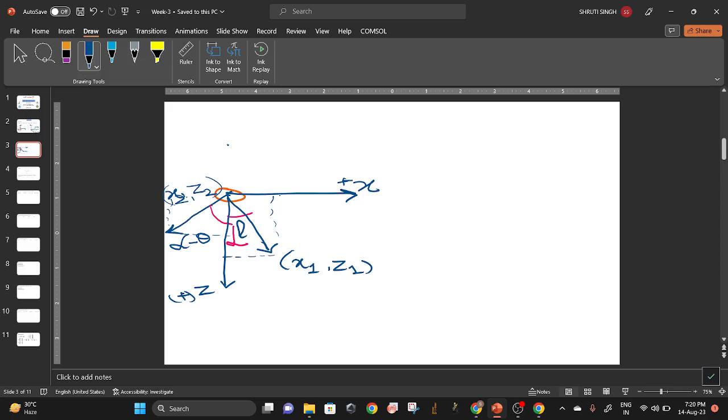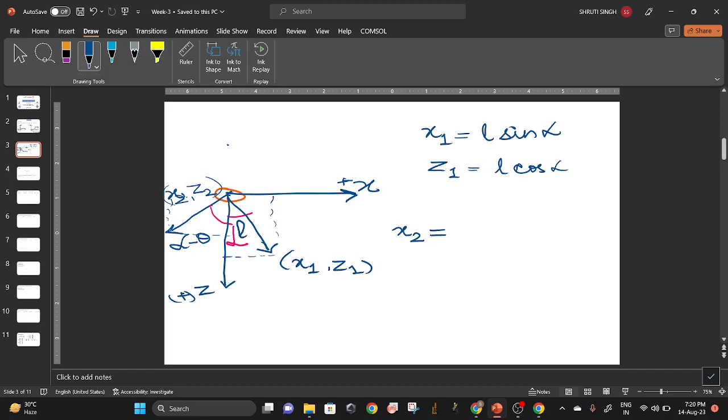How much will it be? x1 is L sine alpha, I have taken L. And z1 is L cos alpha. Okay.